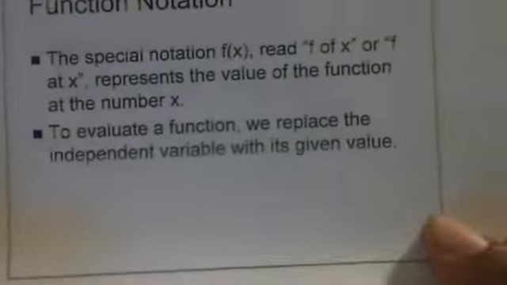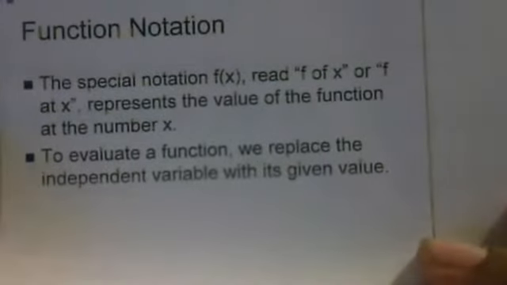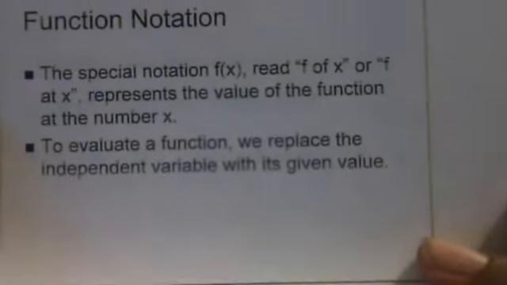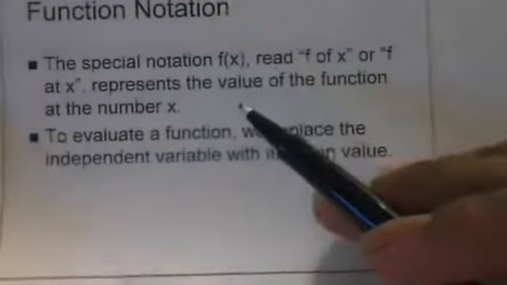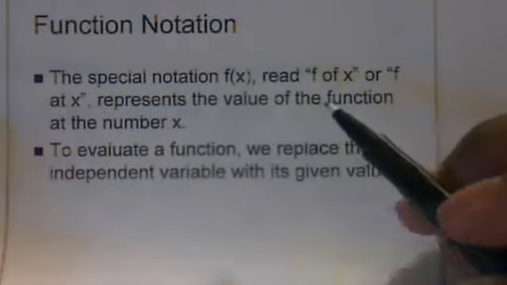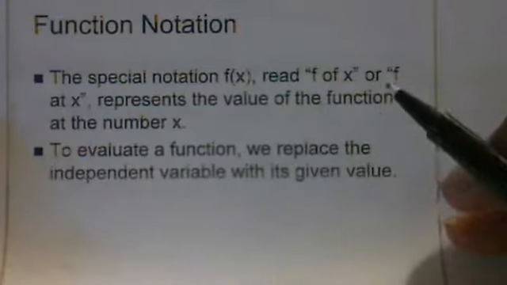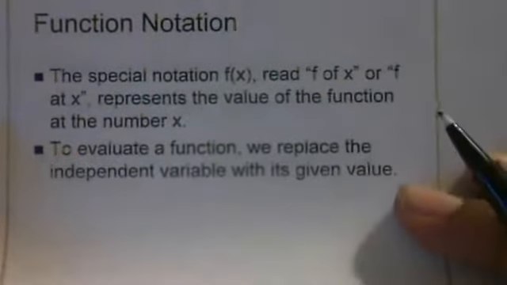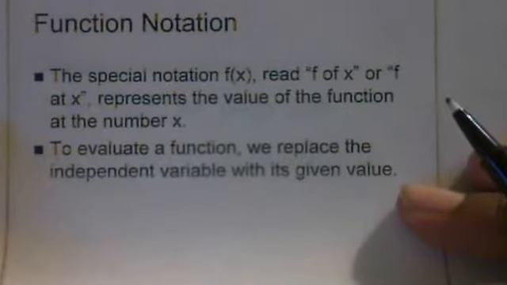Alright, now the next thing we'll look at is function notation. Okay. And in function notation, you have the special notation called f with the x inside the parentheses. It's actually read f of x, or we can read that as f at x, not f times x.